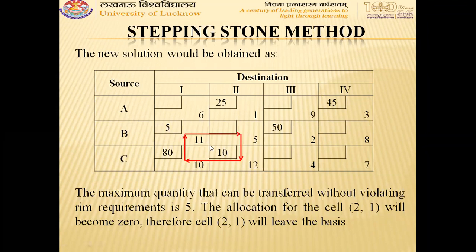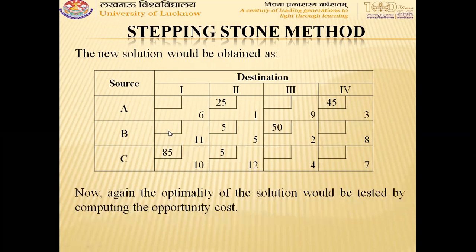That is minimum of 5 and 10, which is 5. So we transfer the 5 units to unallocated cells according to this loop, and the allocation at cell 2 comma 1, that is this one, would become 0. So cell 2 comma 1 will leave the basis, and our solution here we would obtain 5, here 5, here 85, and here 0. That is this one.